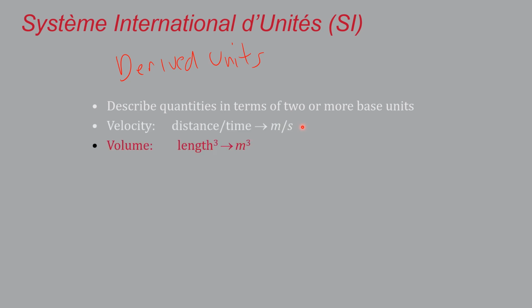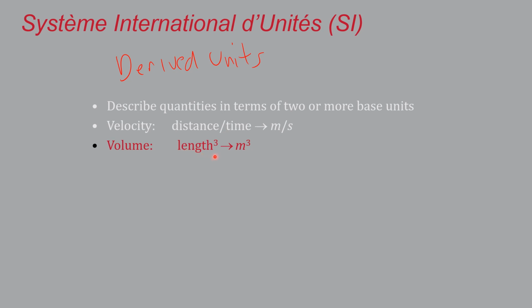Another example is volume. Volume is a derived quantity, so think back to a geometry class at some point somewhere. How do you get the volume of, for example, a cube? You were just told to multiply length times width times height. And that's your hint. The volume is the product of 3 lengths.